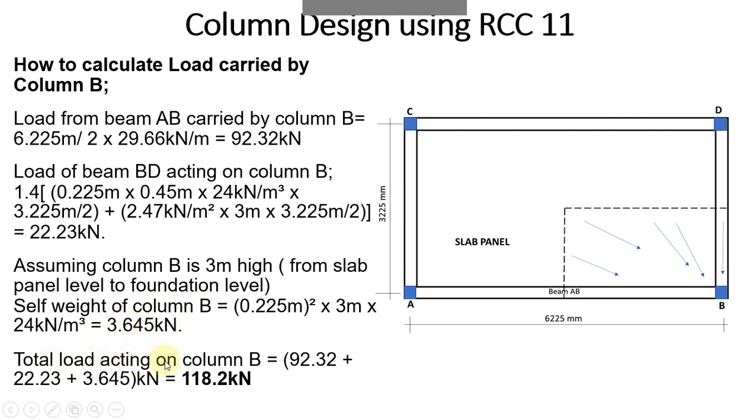So the total load acting on column B is 92.32 plus 22.23 plus 3.645, which is equal to 118.2 kilonewton. So we assume the load acting at the bottom of the column is 118.2 kilonewton. Now we head over to the RCC11 spreadsheet.